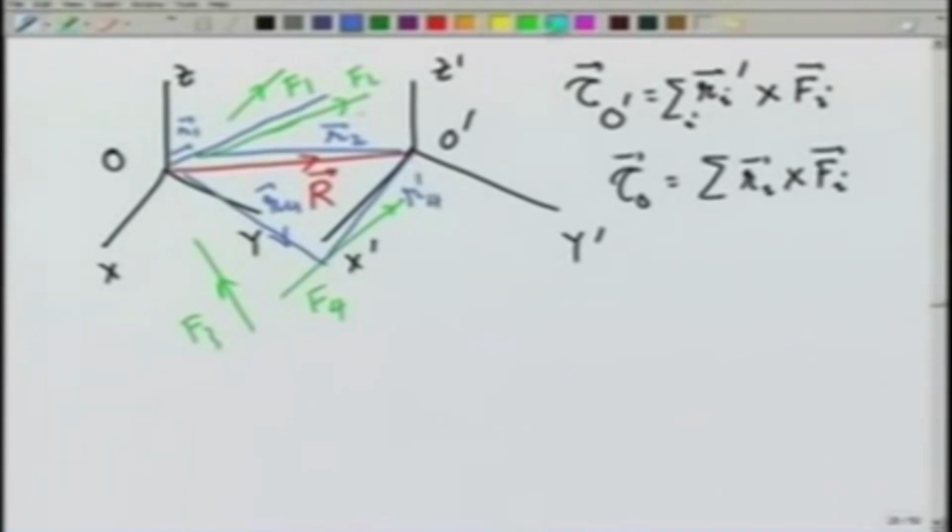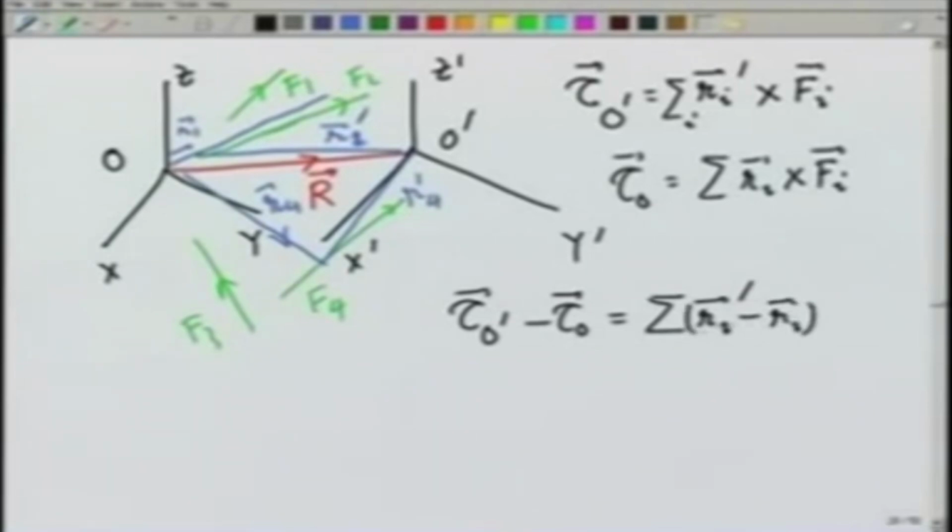Oh, sorry, this should be R 1 prime. So, if I now take the difference between tau O prime minus tau O, this is going to be equal to summation of r_i prime minus r_i cross F_i.